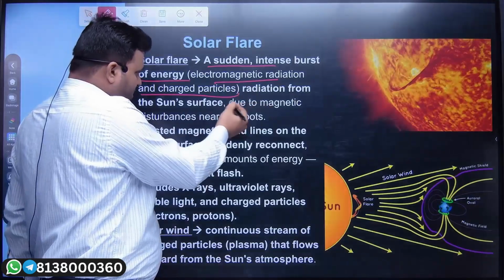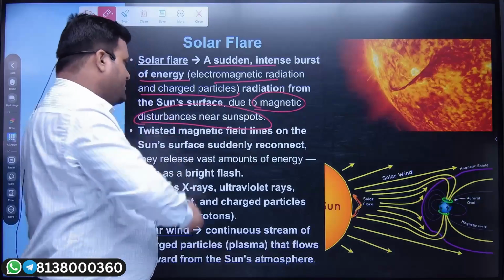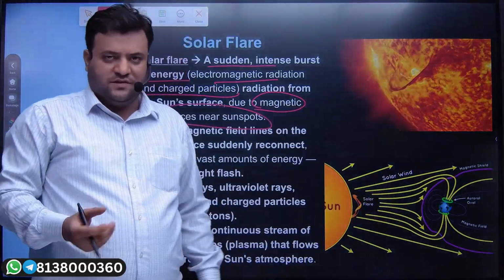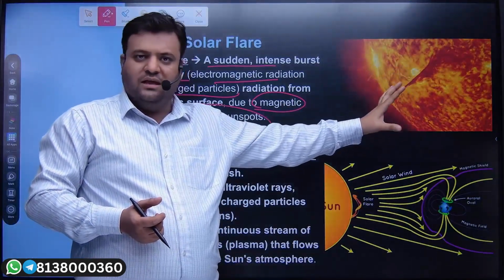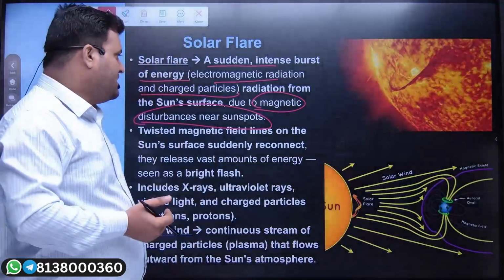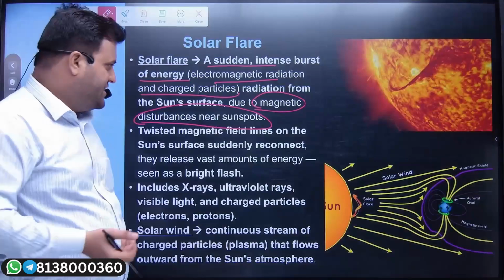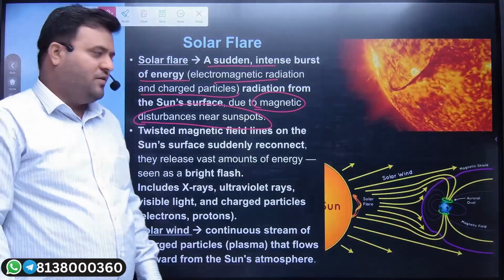And yes, it is caused by magnetic disturbance on the sun's surface itself. Because of some sort of magnetic anomaly, there is a release of this high energy burst of electromagnetic radiation, which we give the term solar flare.